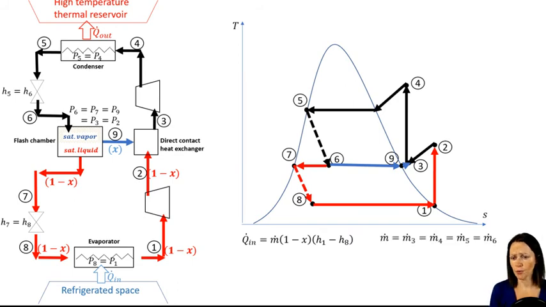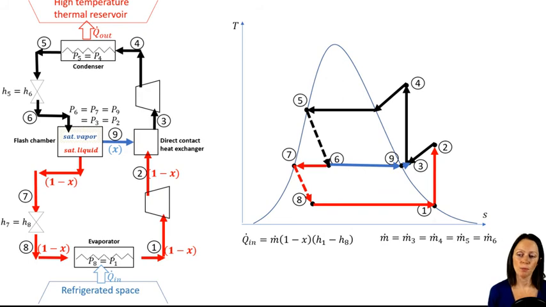Let's look at our Q dot N. So our Q dot N, when you calculate that, you have to factor in that not the whole mass flow is, only a portion of the refrigerant is going through that evaporator.